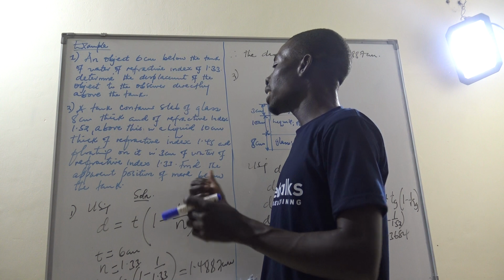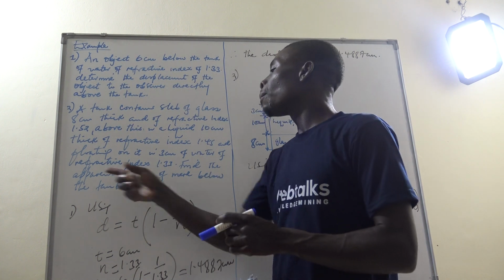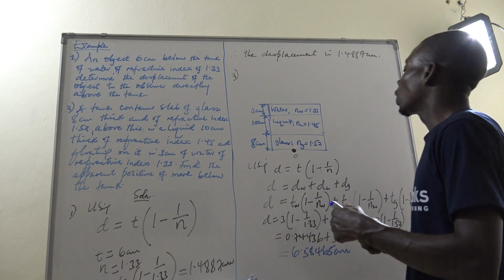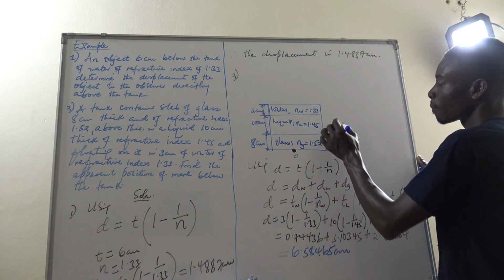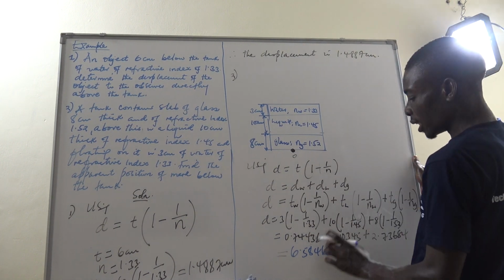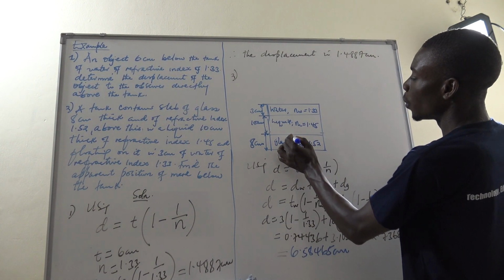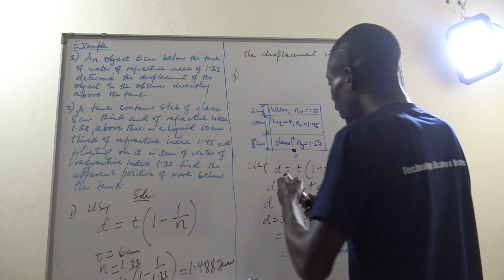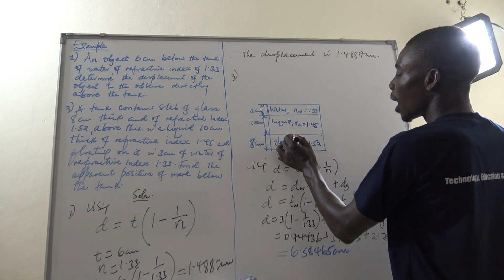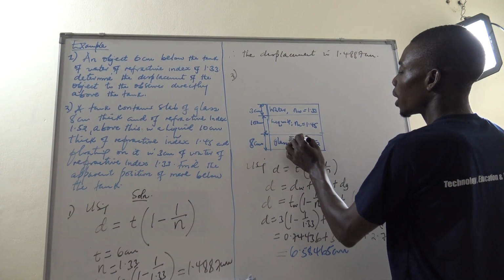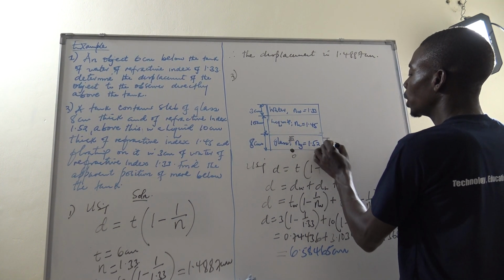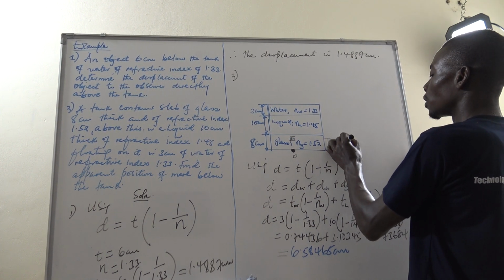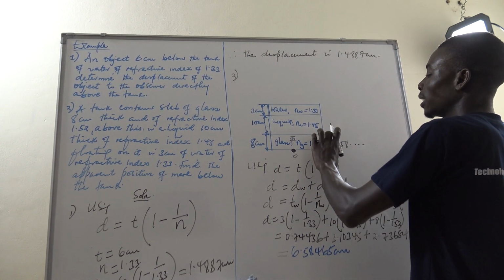But please, this is displacement. Their interest is to find the apparent position of the mark below the tank. Where will it look like? Apparent depth. This one we have calculated, it is 6 point something, which means our image will appear somewhere here at some distance. That is displacement.